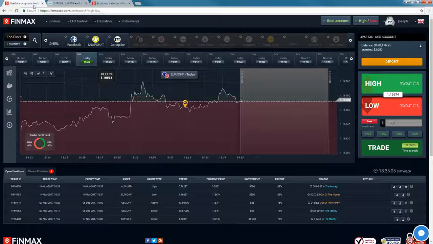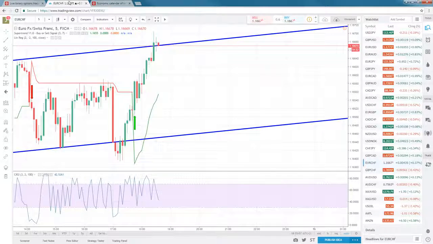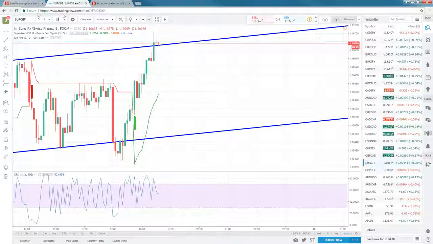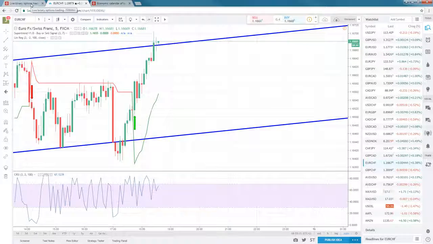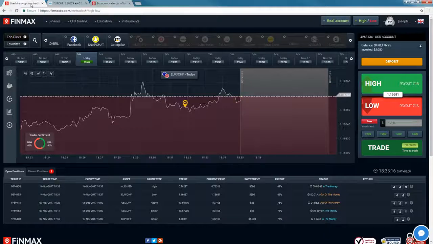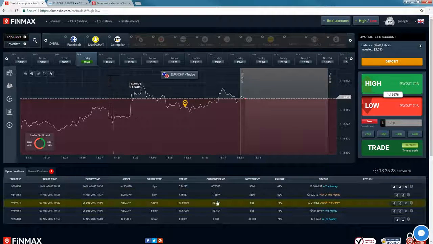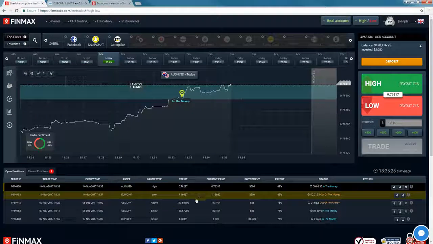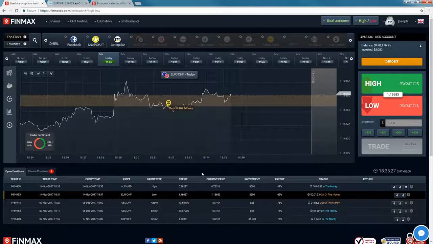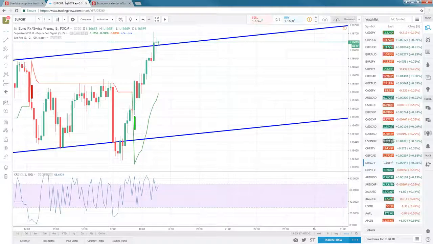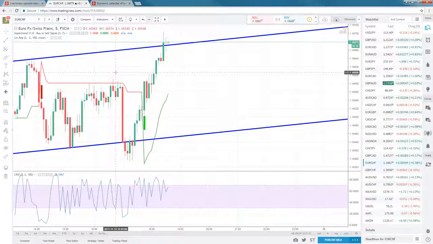So the new candle started to be red. Let's see how it will decrease. Let's see.